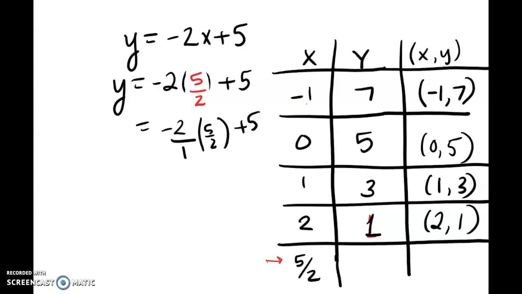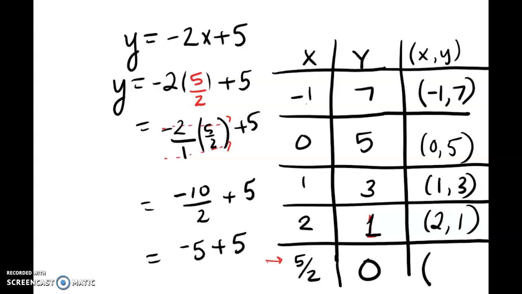And then what I do is I multiply across the top, and I multiply across the bottom, and I will obtain negative 10 over 2 plus 5. Well, negative 10 over 2, that simplifies to negative 5, and negative 5 plus 5 is 0. So writing this last one as an ordered pair would be 5/2 comma 0. And that's how I would complete the table for this problem.